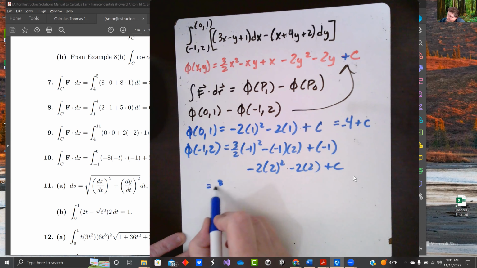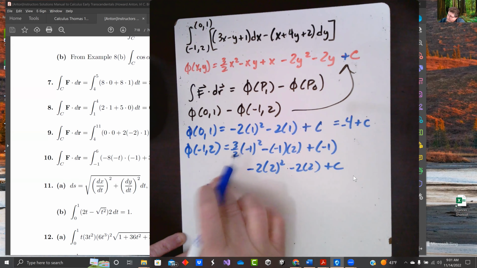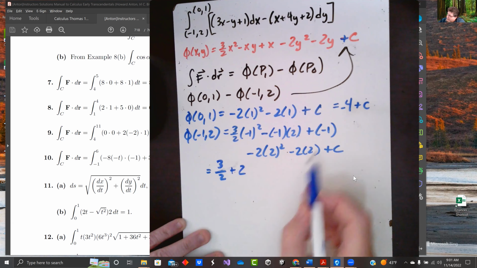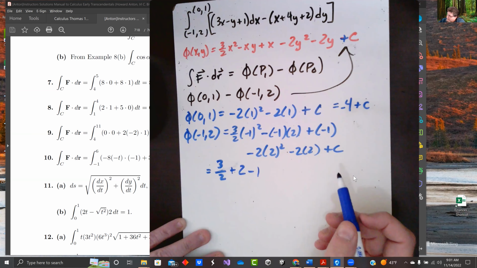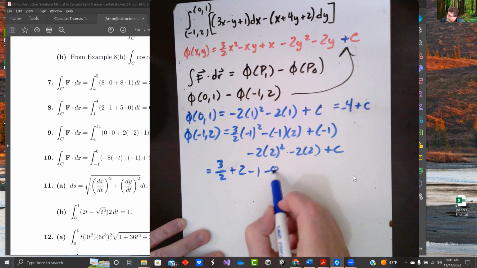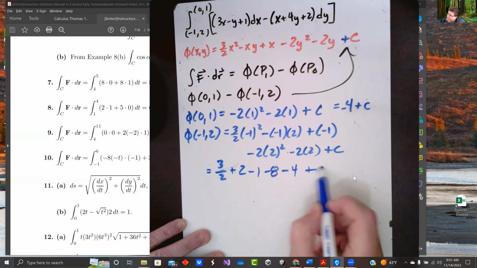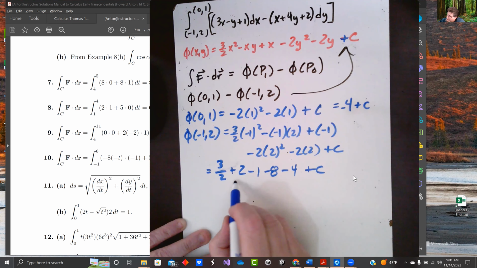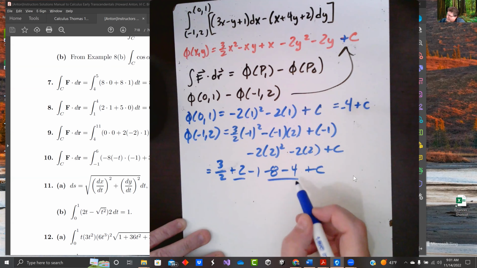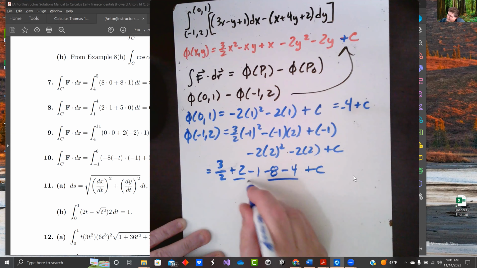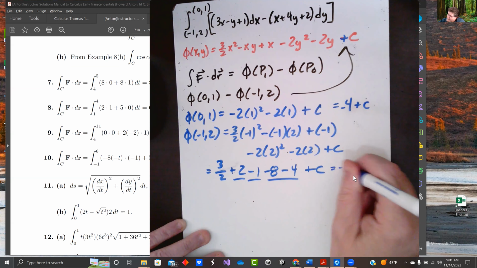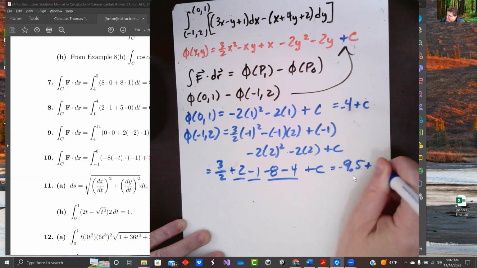I've got 3/2, this is plus 2 minus 1 minus 8 minus 4 plus c. So let's see, the 2 and the negative 12 make negative 10, negative 11. Plus 3/2 would be negative 9.5 plus c.